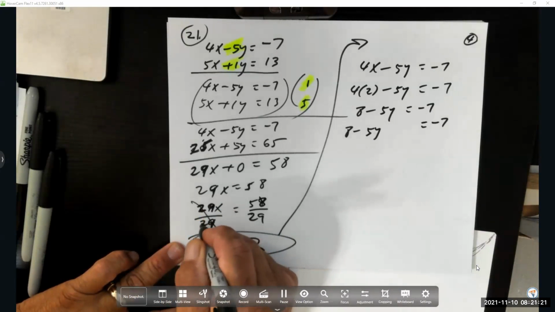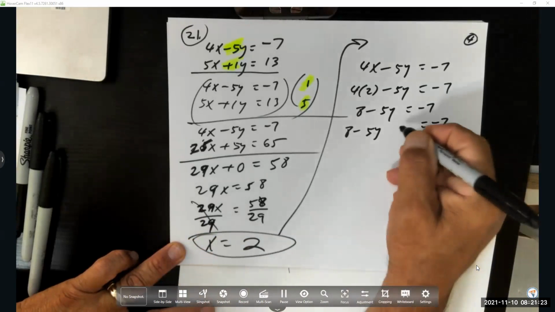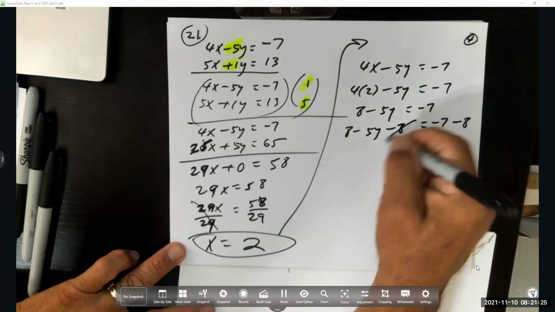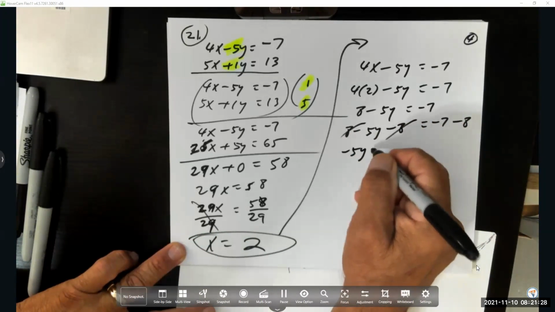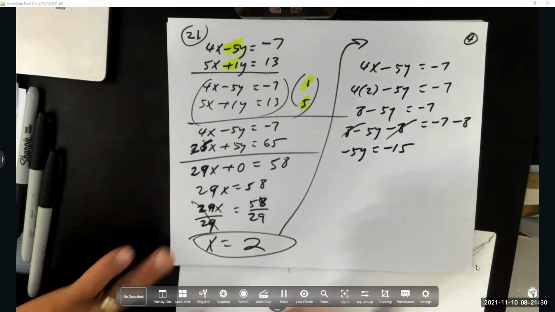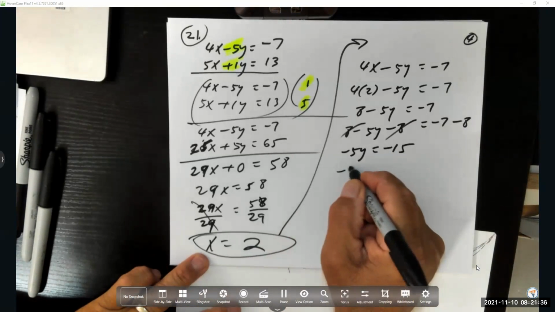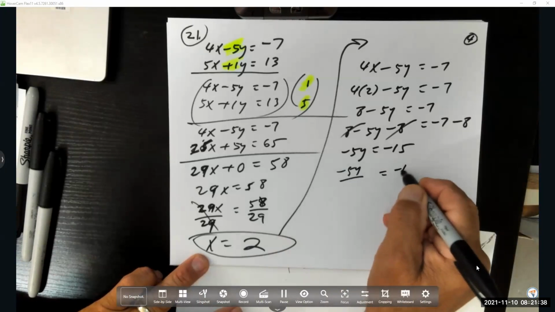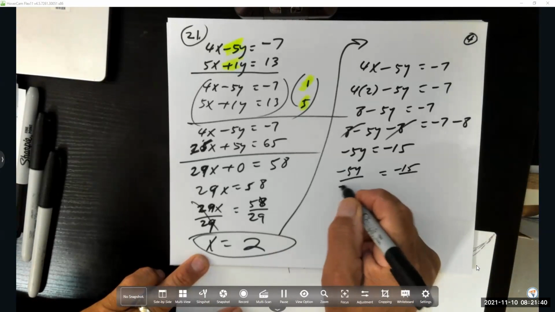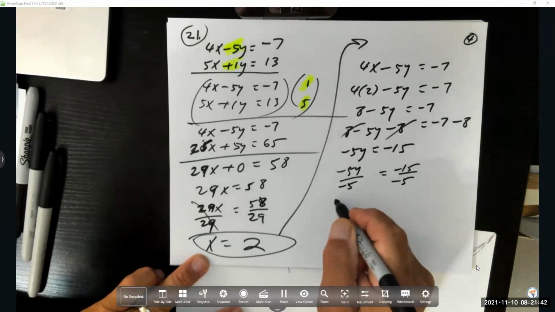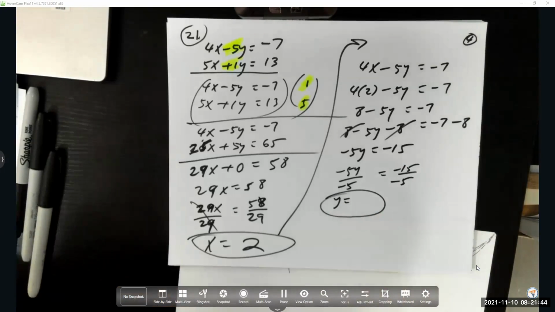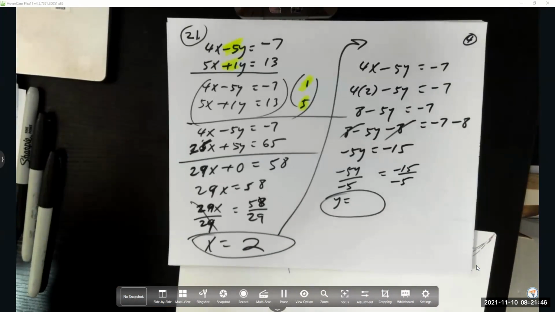Okay, let's do that right now. -8, -8, these are gone. So -5y is -15, yes or no? Yeah. Then what? Divide by what? By -5, yes or no? What do you think that's going to be?